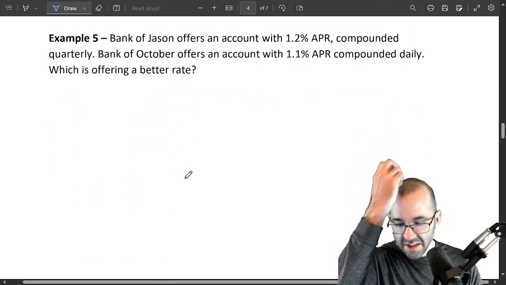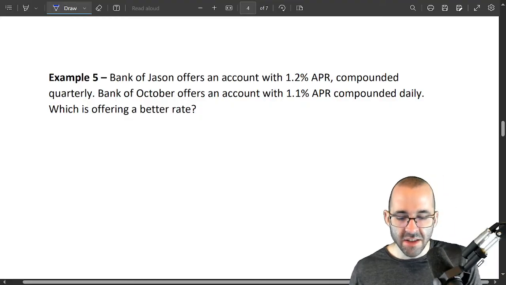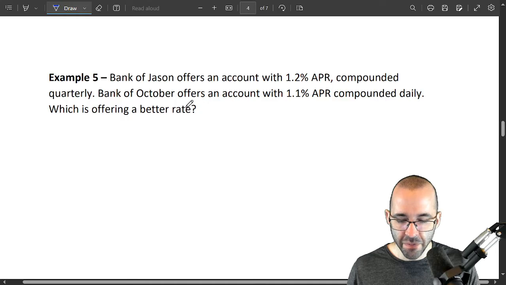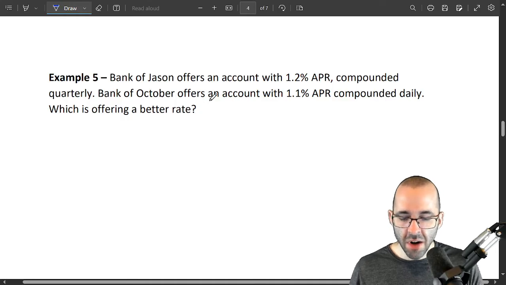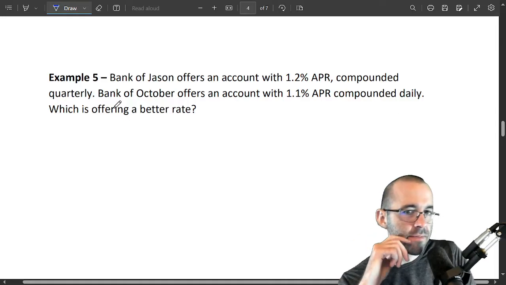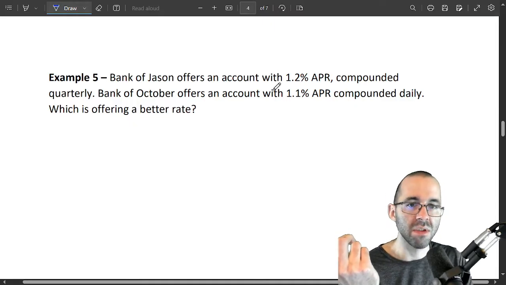So example 5 says we're looking at the Bank of Jason. The Bank of Jason is offering an account with 1.2% APR compounded quarterly. The Bank of October offers an account with 1.1% APR compounded daily. Which is offering the better rate? Bank of Jason looks more generous, 1.2%.